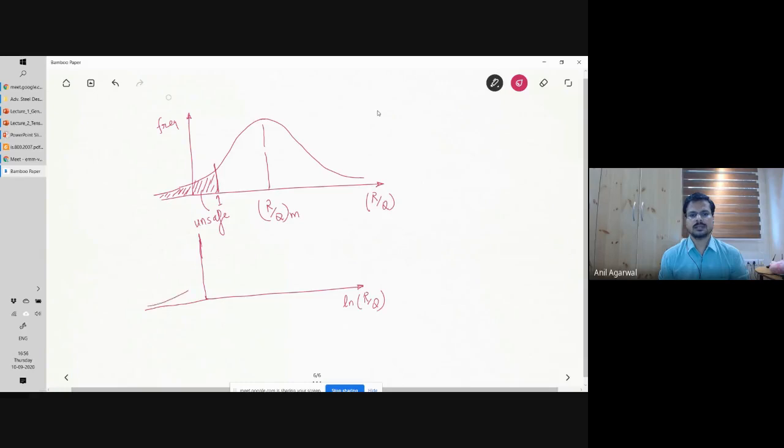So in that case, for this normal distribution, if the value is less than 0, then you are in the unsafe zone. Agreed? So as long as you are on this side, you are safe. Okay?